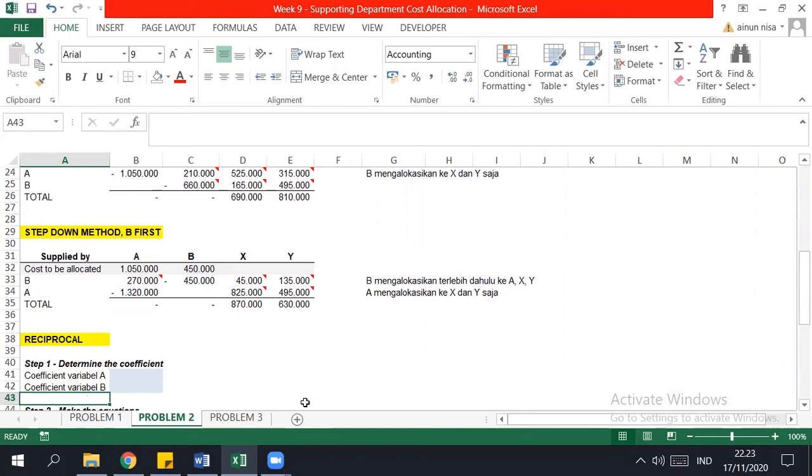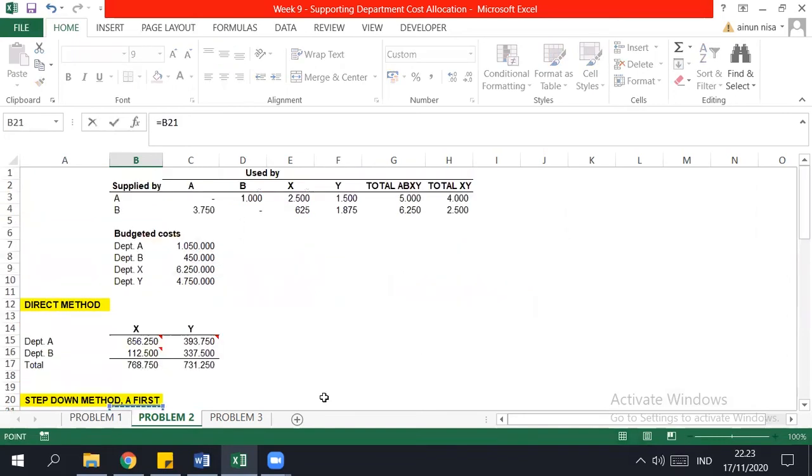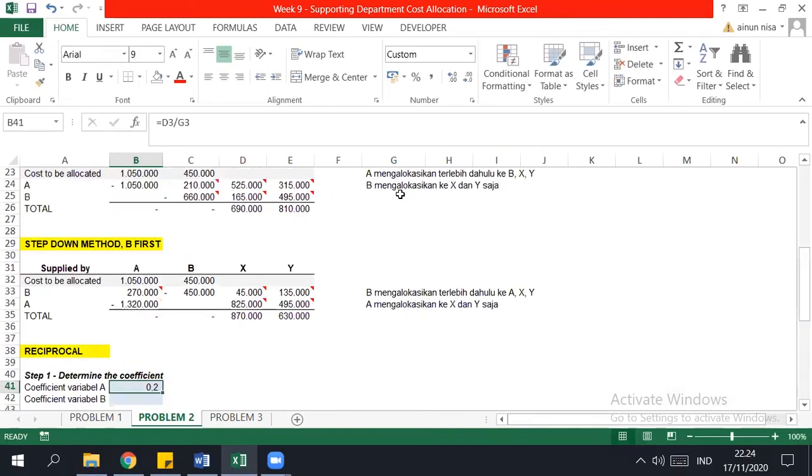Okay, so actually the coefficient of variable A is, we have to divide the usage of B in department A, which is 1,000, divided by the total usage of department A, B, X, and Y, which is supplied by department A. So it is 1,000 divided by 5,000. Therefore, the coefficient of variable A is 0.2.